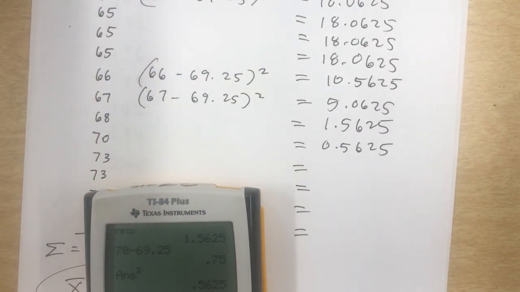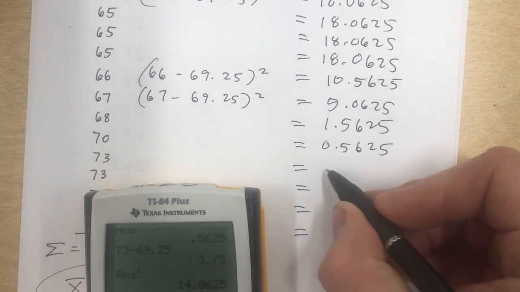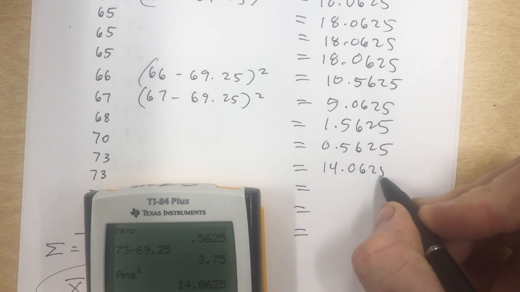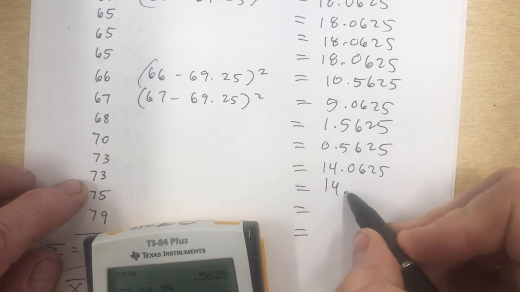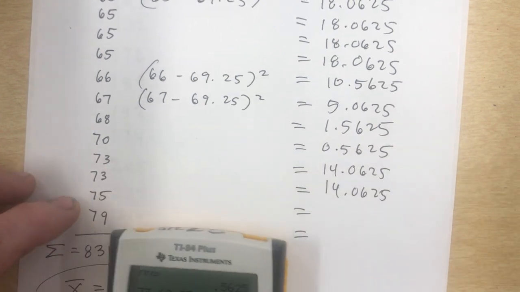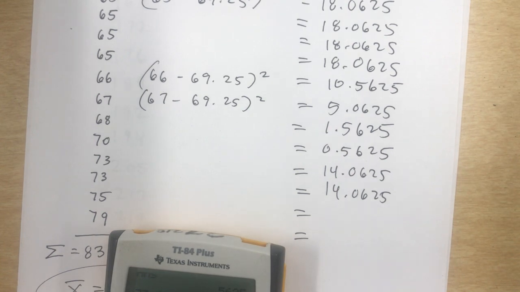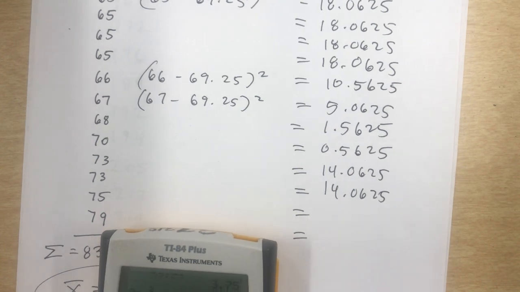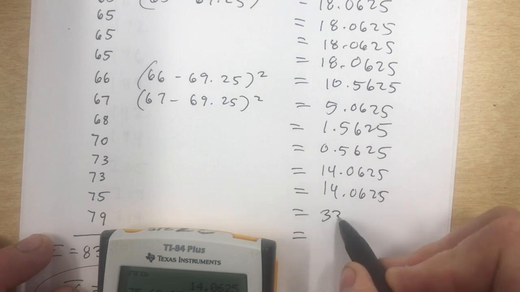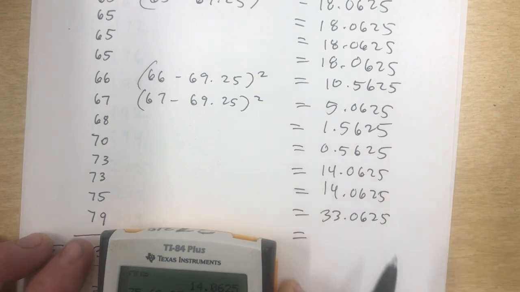Okay, 73 minus 69.25, square it. And I got a couple of those. And I got 75 minus 69.25 equals, square it, equals. And I got 79.